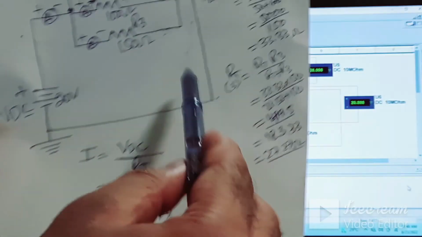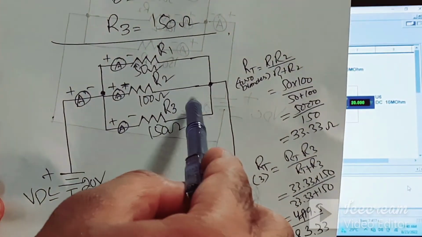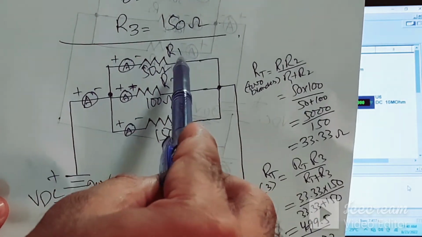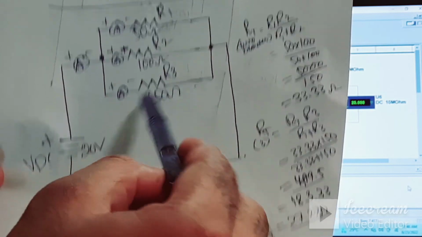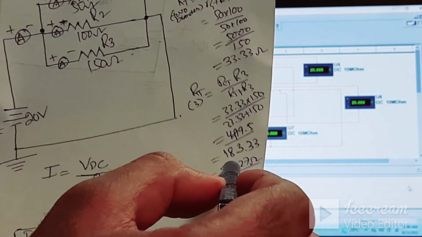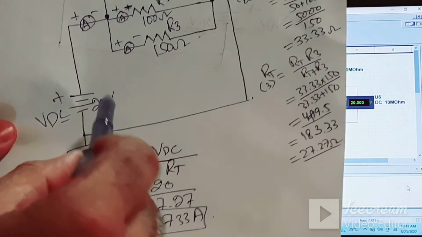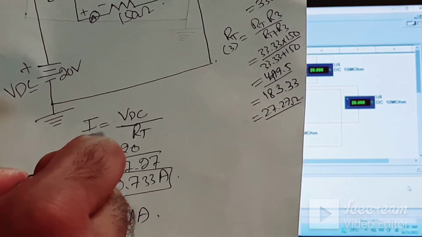If there are 2 resistances connected in shunt, we apply the product over sum formula, and we get the total resistance, which is 27.27 ohm. So VDC we have already applied, and we have to find out I total.